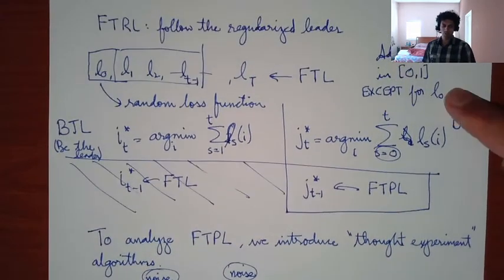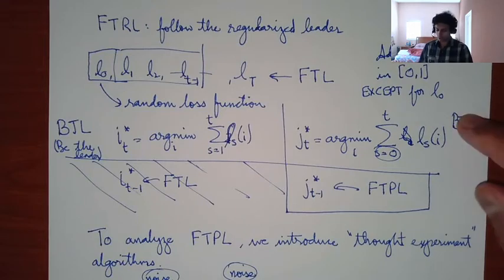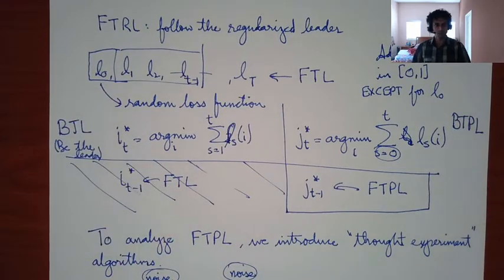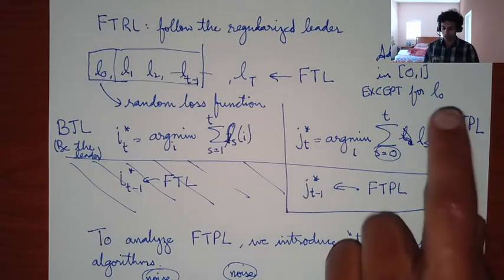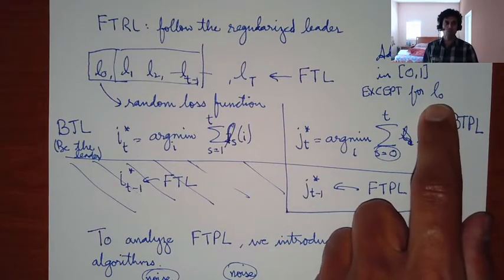Also, I haven't told you how I'm going to generate L0. This is going to be very important for the analysis. How am I going to generate that loss function? Now, typically they will describe some closed form loss function and analyze that. I'm not going to do that, because what I want to show you is why they came up with that particular distribution for the perturbation.